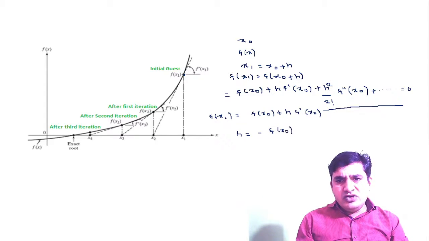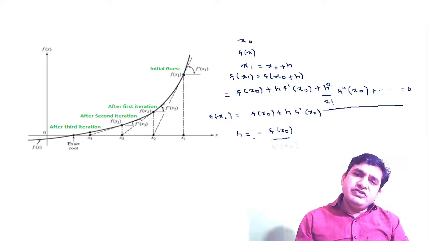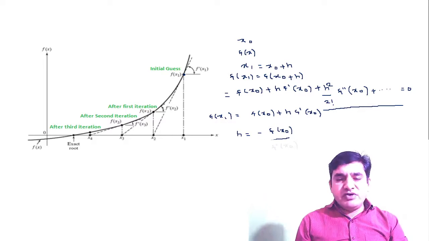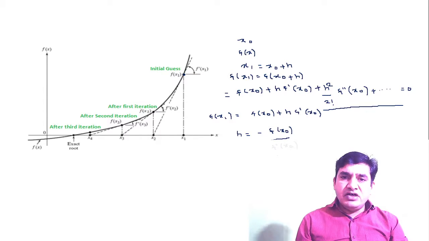This is the value of h. Here f of x1 is considered as 0, so this term is equal to 0, and therefore h is equal to minus f of x0 divided by f dash of x0.